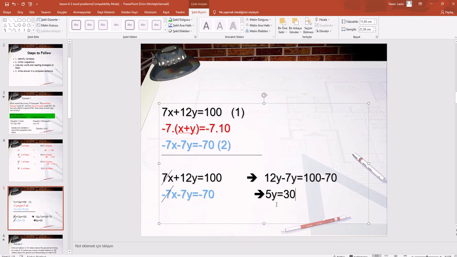Good. So what do I have here? y equals 6. Yes. So I solve for y. Y equals 6. Good.